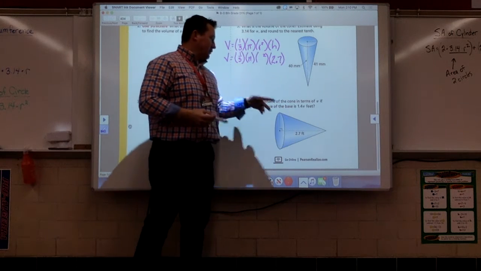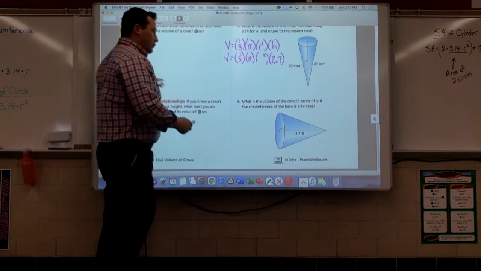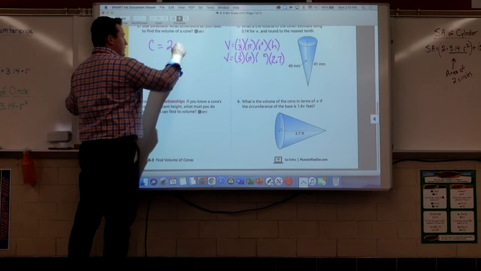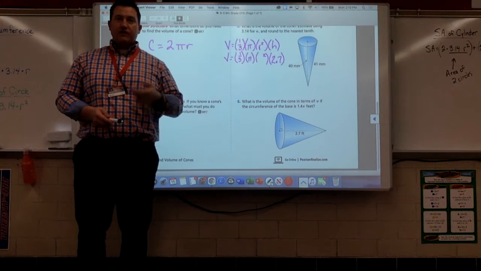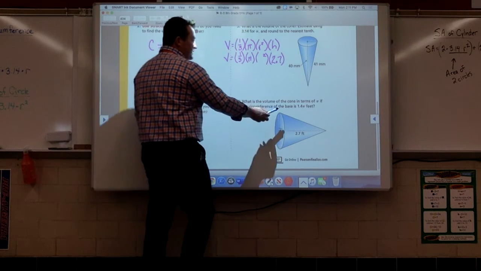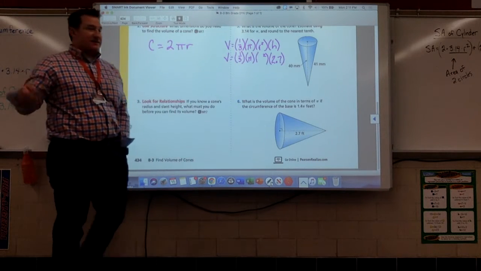Once again, I need this radius number, so I must be able to work backwards. It says the circumference is 1.4 pi feet. So circumference equals 2 times pi times the radius. Use your formula sheet, page 21, if you need a refresher there. It's telling me 1.4 pi feet is the circumference.